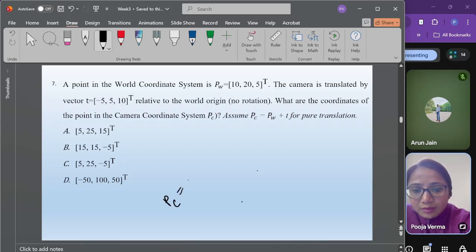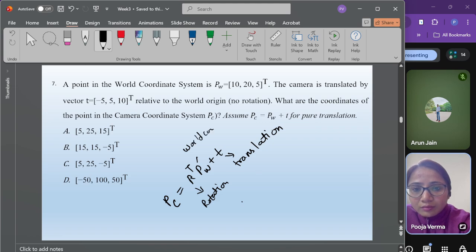The formula is PC is equal to R transpose PW plus T. Here T is the translation vector, R transpose is the rotation, PW is the world coordinate, and PC is the camera coordinate. So here, no rotation, so that means it is not performed. You can say that it is 1.